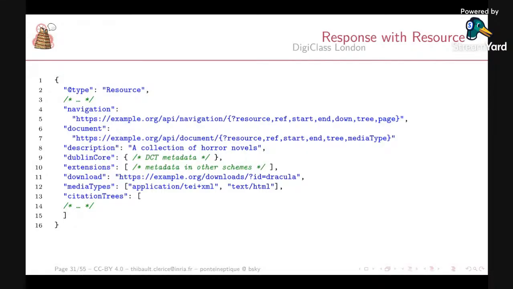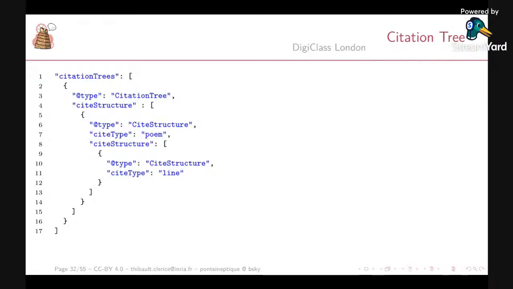This is a very bad example, but anyway, I should be able to read it both in TEI-XML and text HTML, sorry. And this is a citation tree. So this is a very simple citation tree because you have only one, basically. As you see, it's citation trees, and then you have one citation tree, which is structured with poem and line.